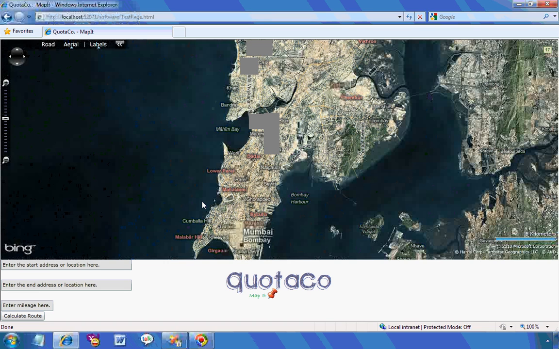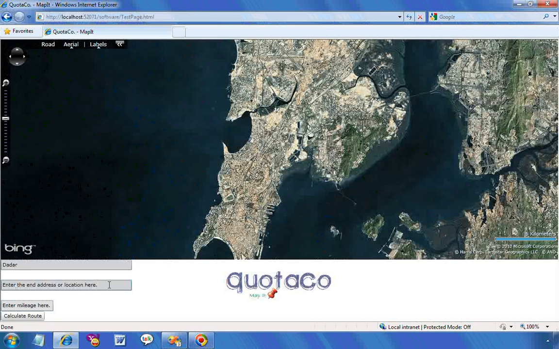Now let's see a demonstration of the system. So it says enter the start address here. I live in Bombay and I live in Dadar, so I say Dadar. For the destination address, I say Colaba, and I give a mileage of about 10 kilometers per liter, and I say calculate route.